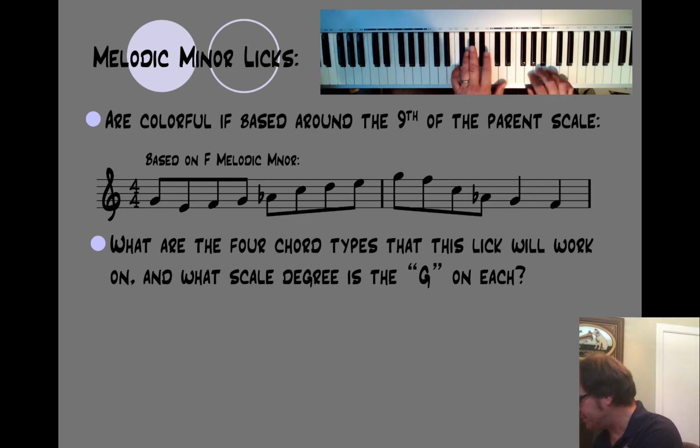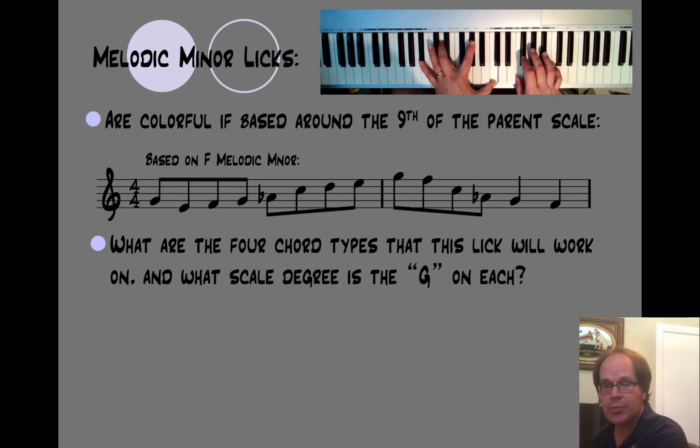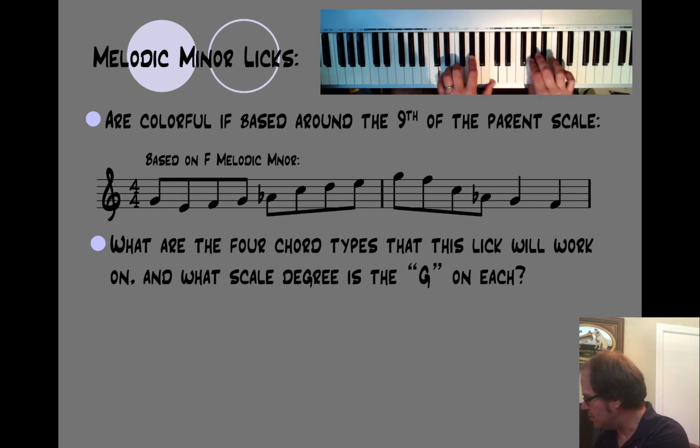So here's an F minor chord, F minor major 7. Here's a B flat 7 chord. Next one would be the D half diminished chord, 6th mode. And then the last one would be E7 altered.